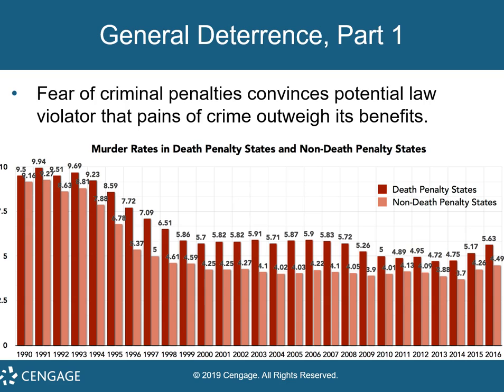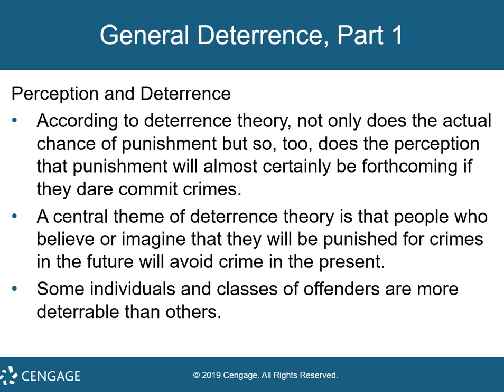At least that's what we think. But if you notice, when you look at the red bars, the death penalty states have a higher murder rate. So just think about that as we talk about it. Sometimes the square peg doesn't always fit in that round hole, if you will, okay?